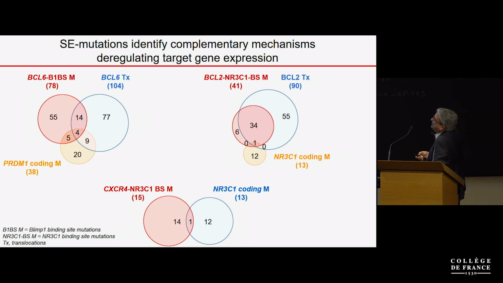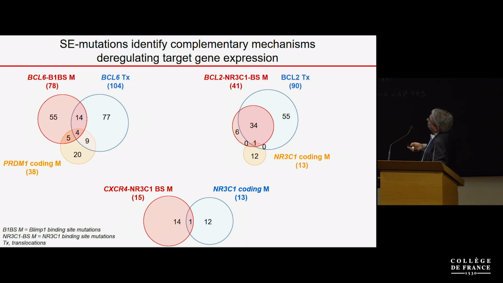In the case of BCL6, there are a number of cases that have a mutated super-enhancer deregulating BCL6, independent of the translocation, although there is some overlap. And so there is a certain level of independence also from direct inactivation of PRDM1, so of BLIMP1. So there seem to be 3 different mechanisms, essentially all moving toward deregulation of BCL6.